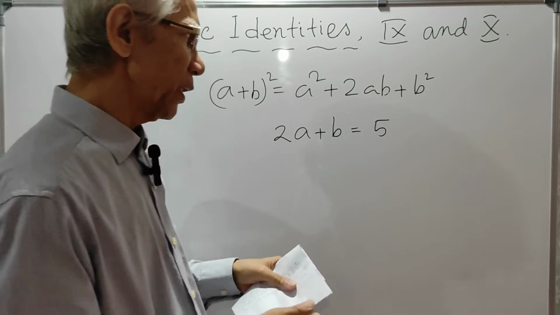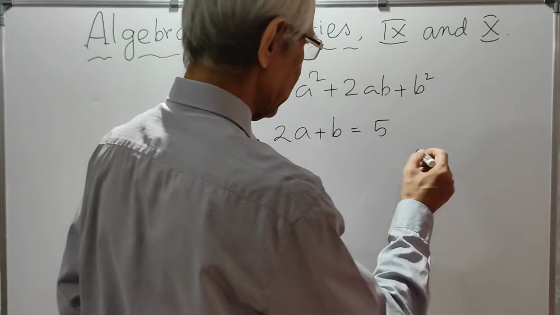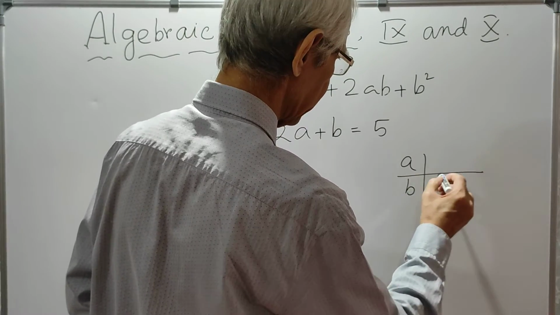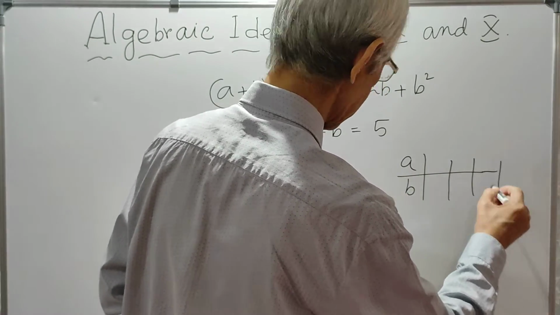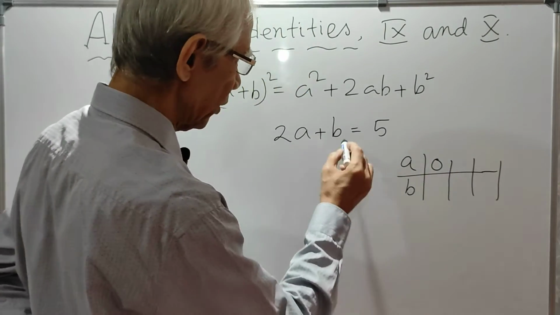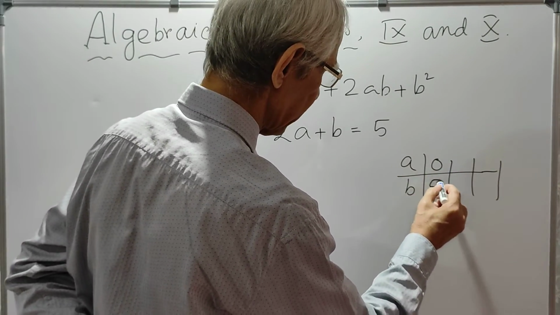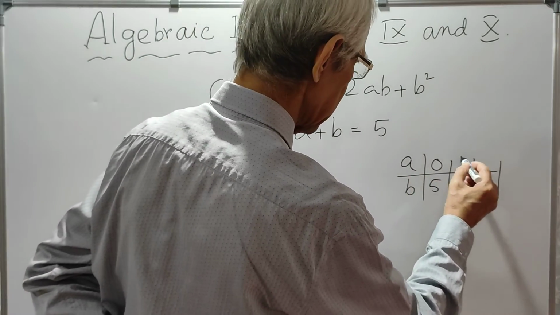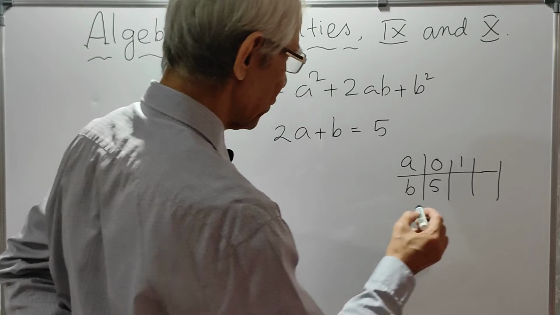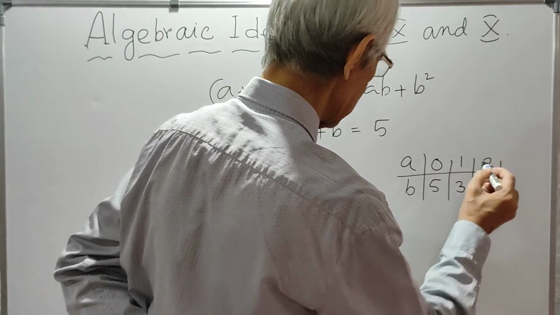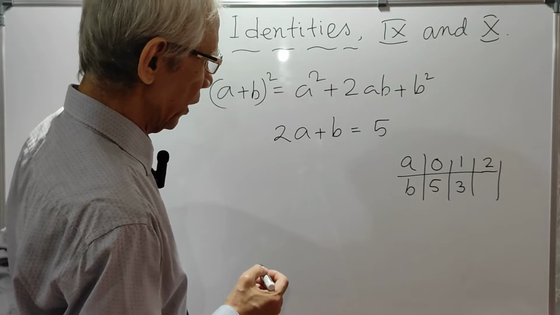Now suppose this one, as in graph we have done. If a is 0, b is 5. If a is 1, b is 3. If a is 2, b is 1.